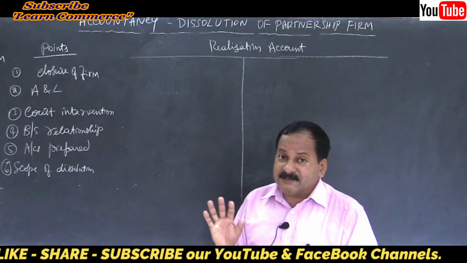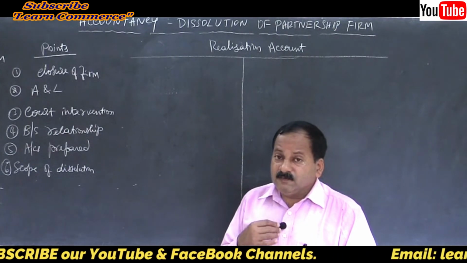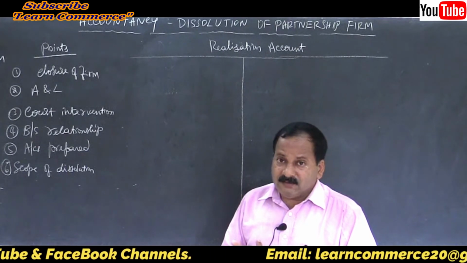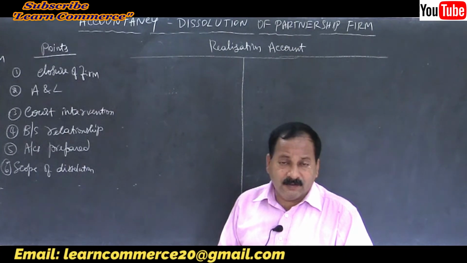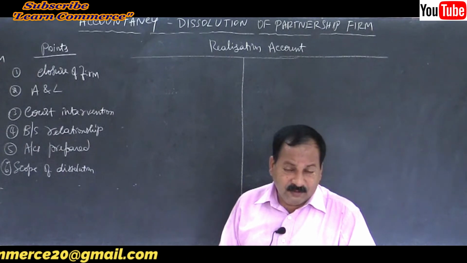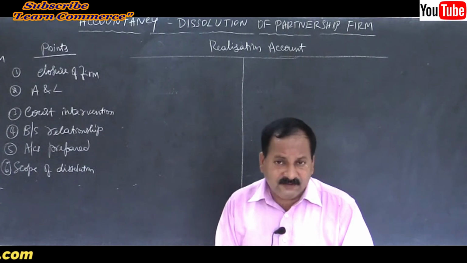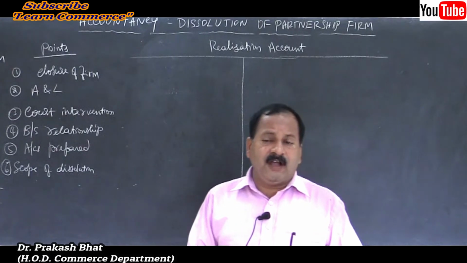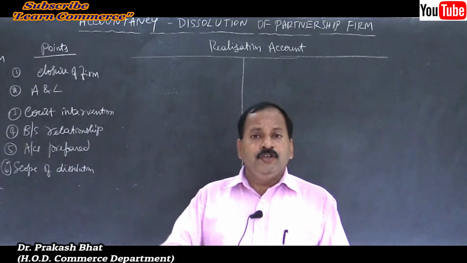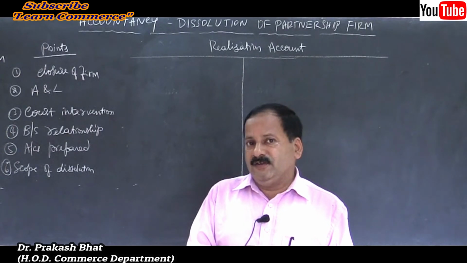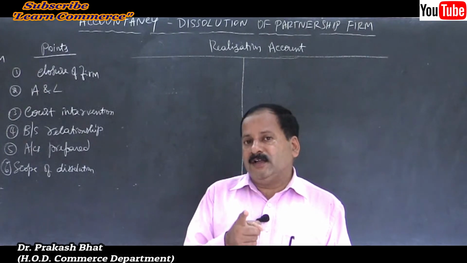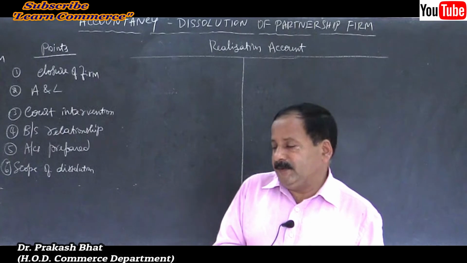Don't write just partners capital account, or if you write like this, then the answer is half. They will not give you full marks. They will give you 1 instead of 2. With the narration: when they ask you to pass a journal entry, you must write the journal entry with narration, remember, with narration. Otherwise, you will lose 1 mark. They will give you only 1 mark, remember.